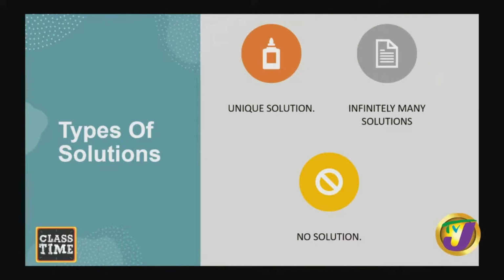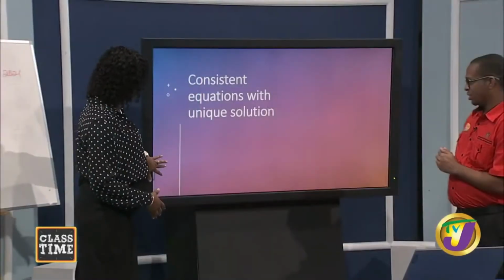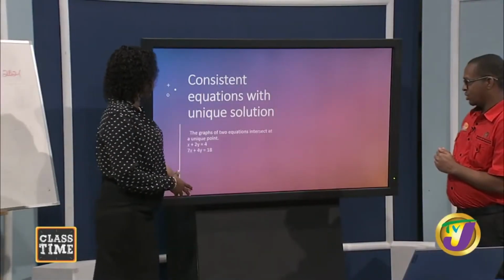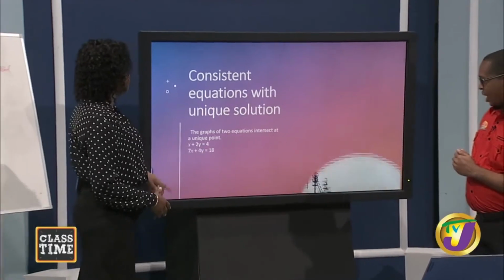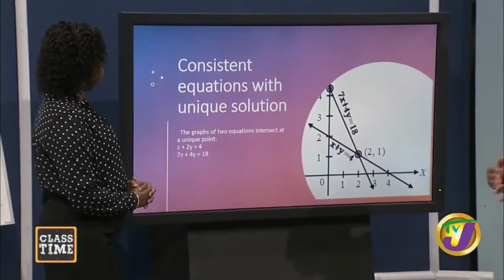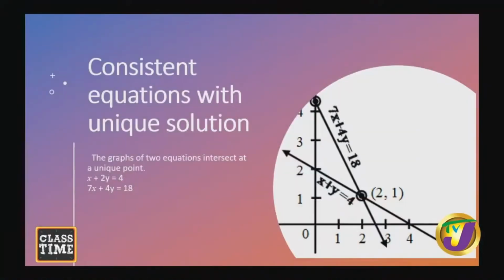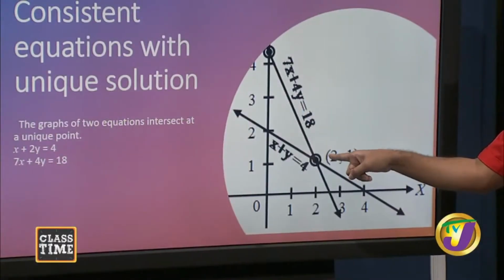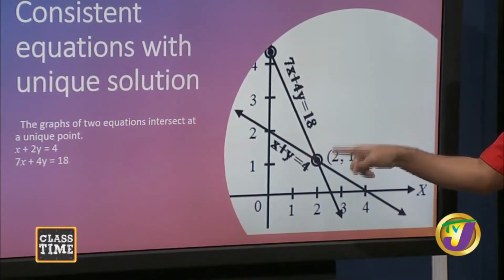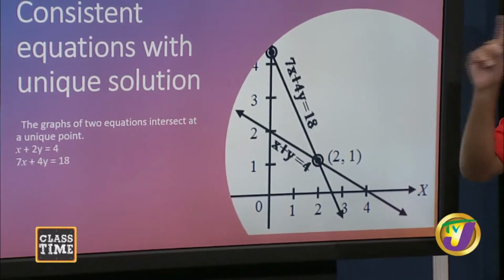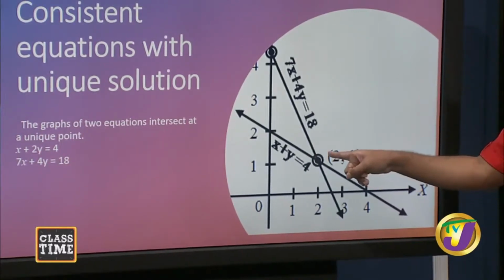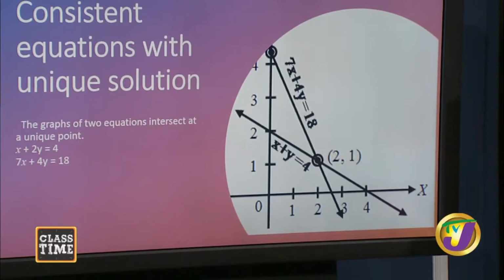What do we mean by unique solution, infinitely many solutions, or no solution? So in this graph, we have a unique solution because it has only one point of intersection, just like the graph that we just did with the patty and the orange juice. Yes, so that situation has one unique solution. Okay, so just 1 point.